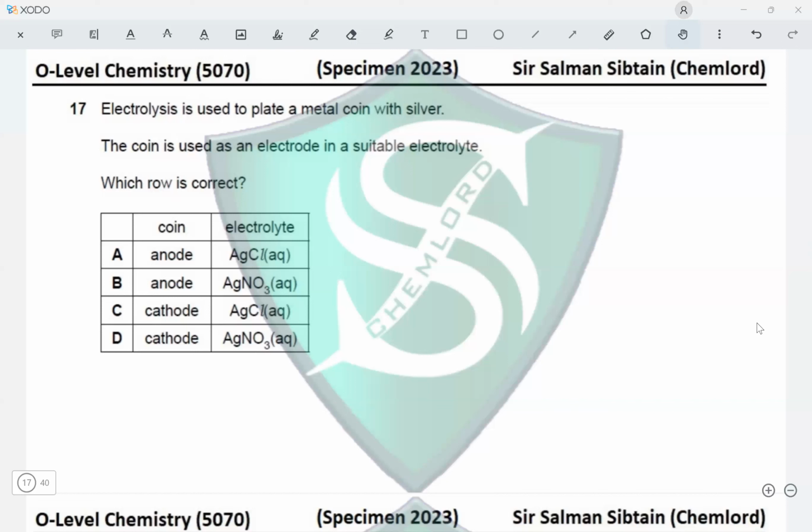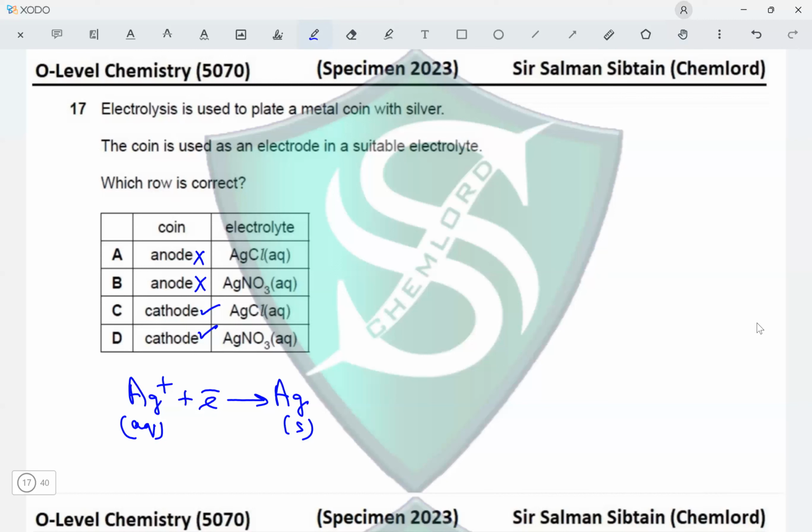So this is happening at the cathode, first of all. So the options A, B, C, and D have anode and cathode in them. So we have concluded that the reaction would be taking place at the cathode because silver ions would be deposited. So Ag+ would accept an electron and deposit as Ag metal from the aqueous solution.